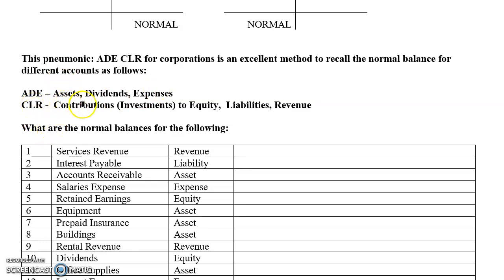CLR for us is contributions or investments when people buy stock, liabilities, and revenues. All right. Assets, dividends, expenses, those accounts go up on the left side. Clear, the right side, that's what causes those to go up: contributions, liabilities, and revenues. Okay.